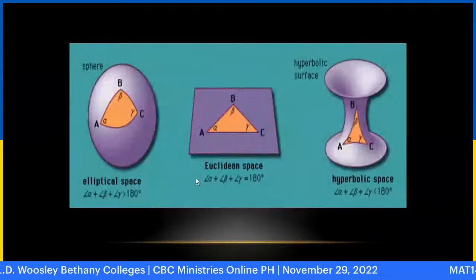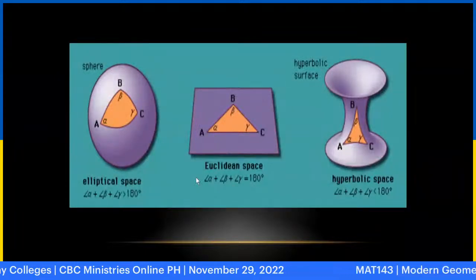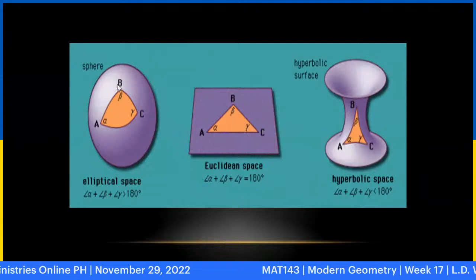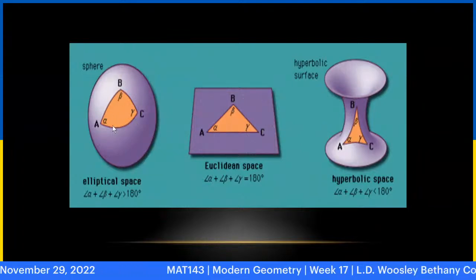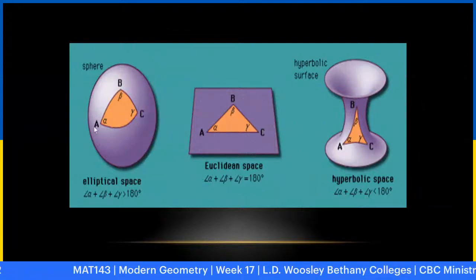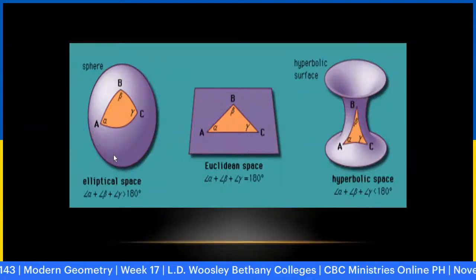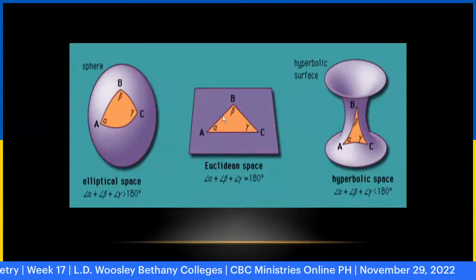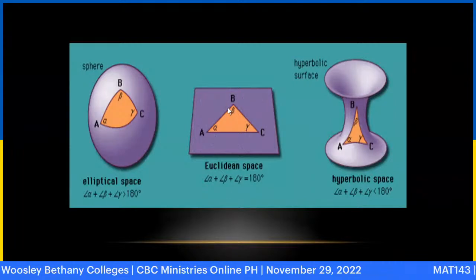So these are examples, no? I suppose you're familiar with this. For the sphere, these are the spherical triangles. The sum of the interior angles is definitely greater than 180. Euclidean is just like a triangle here.